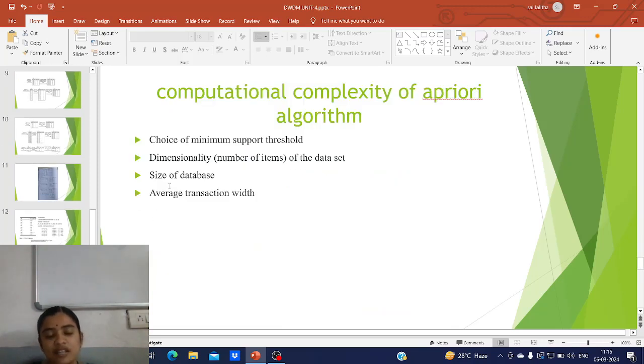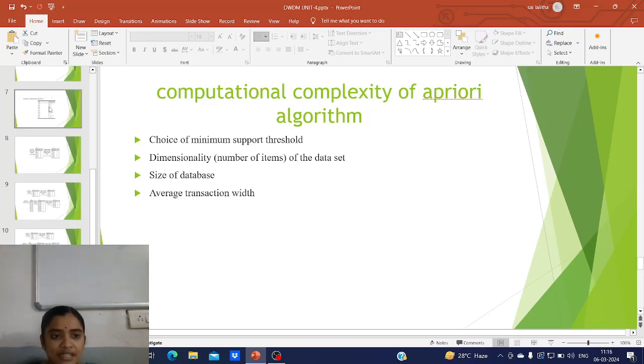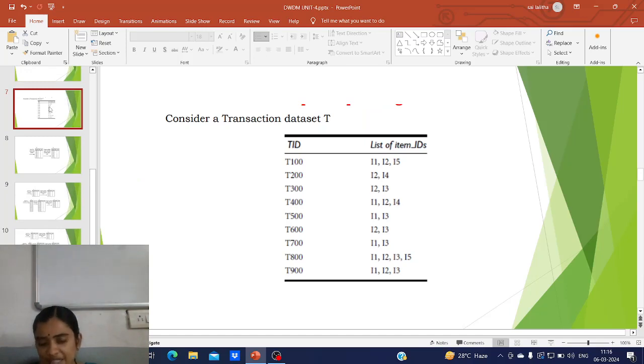Another one is the size of the database. We need a huge database to perform the Apriori algorithm on any dataset. And the average transaction width. In the beginning, we discussed the transaction width of a particular transaction. Let us consider T100, whose transaction width is 3.